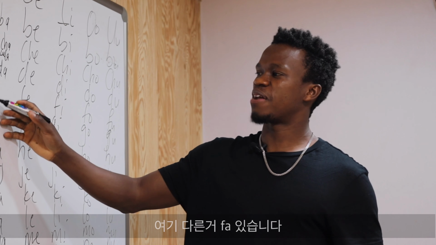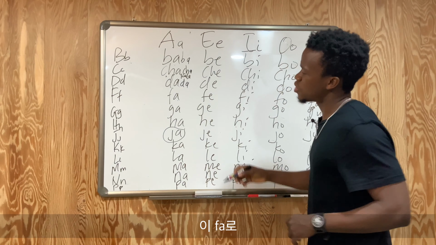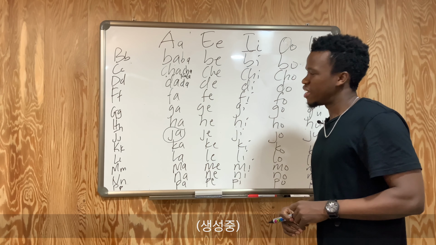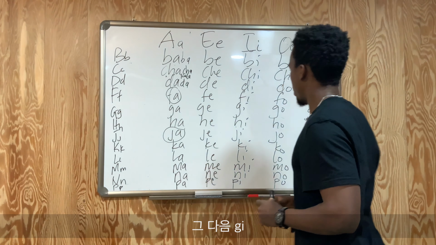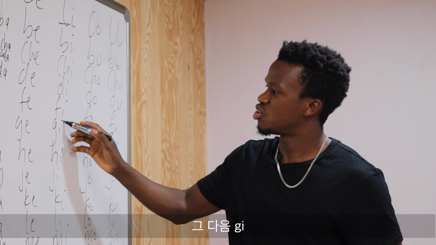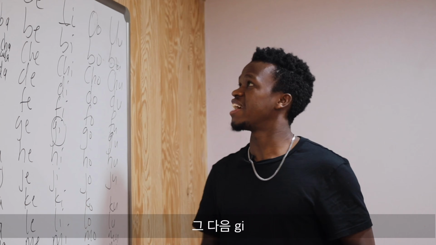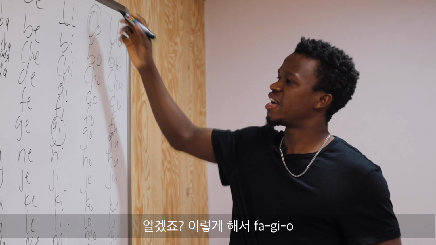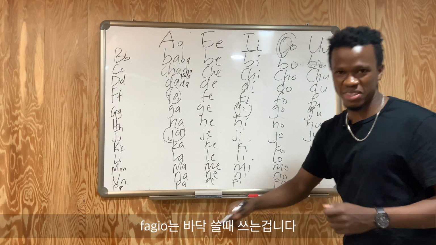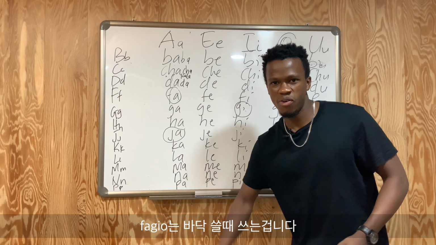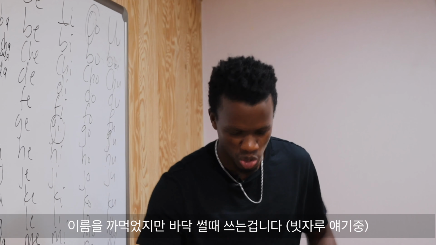Okay. We have another one here, fa. We can take this fa, and then take gi, and then take o. So it can be fagio. Fagio is the thing you use to sweep the floor. I don't remember the name in English, but it's the thing used to sweep the floor.